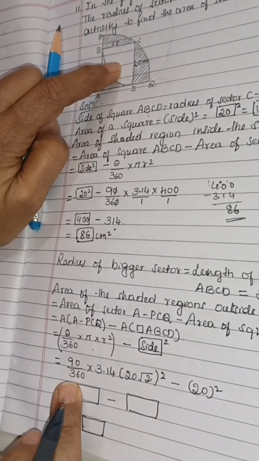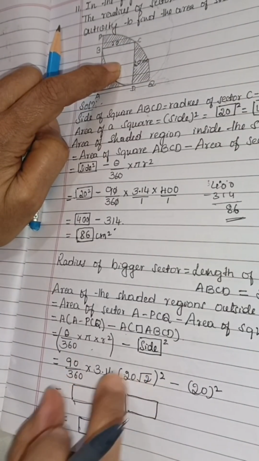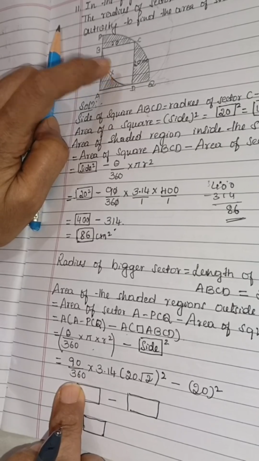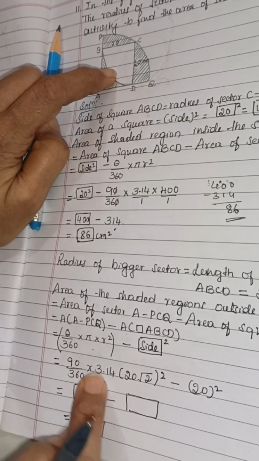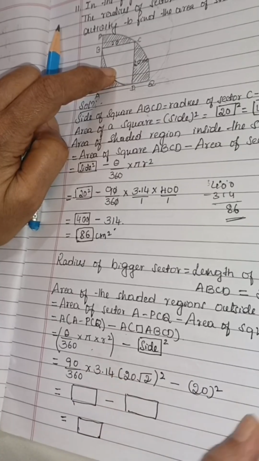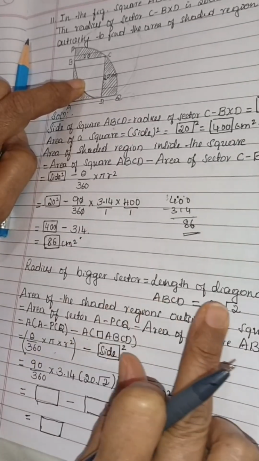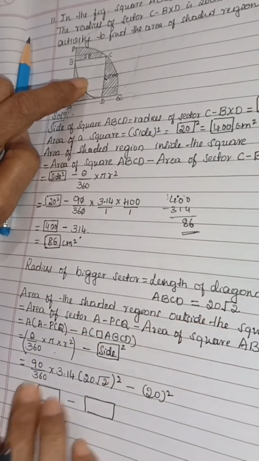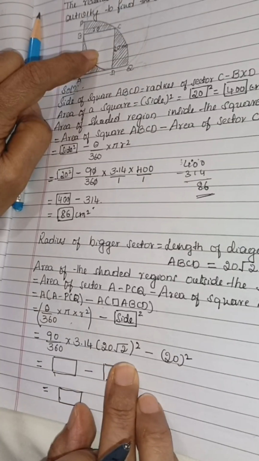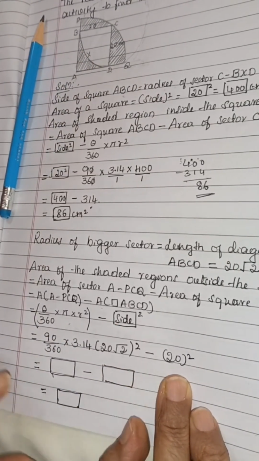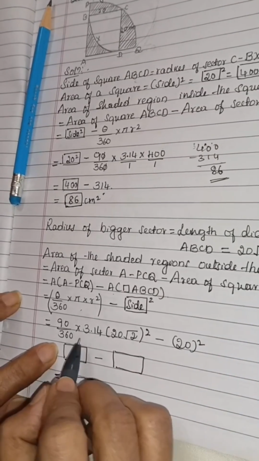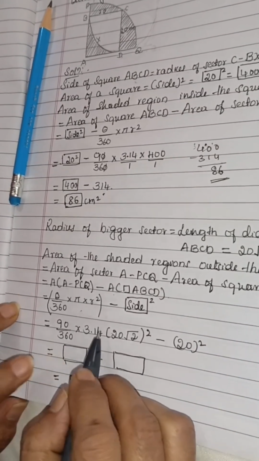Now substitute the values: the angle is 90, so 90 by 360 multiplied by pi, which is 3.14. The radius of the bigger sector, the diagonal of the square, is 20 root 2, multiplied by, minus side square, that is 20 square.